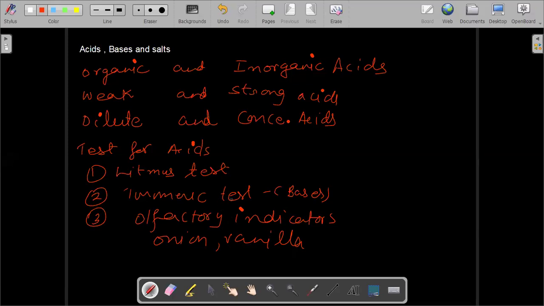The next thing we had to do was some important chemicals from common salt. So what are the important chemicals from common salt? How do we obtain those chemicals from common salt?